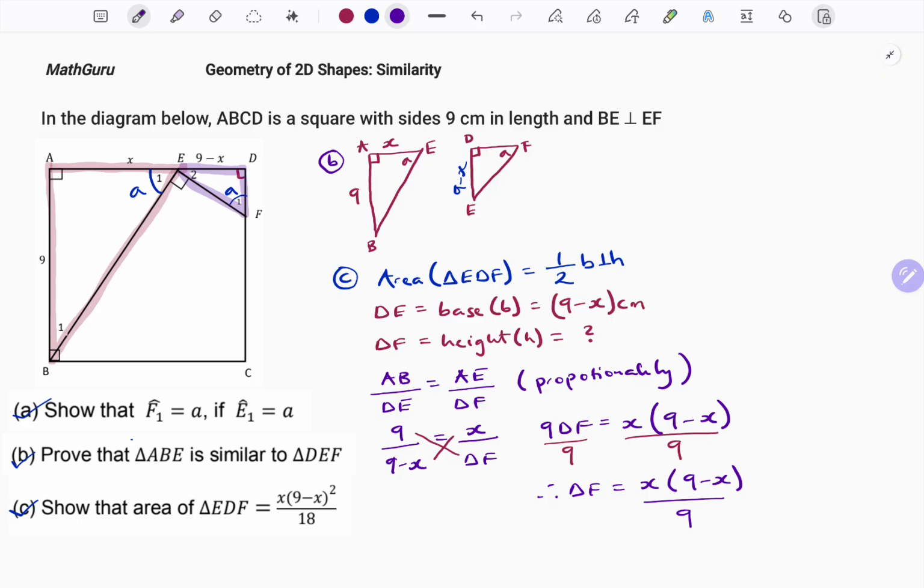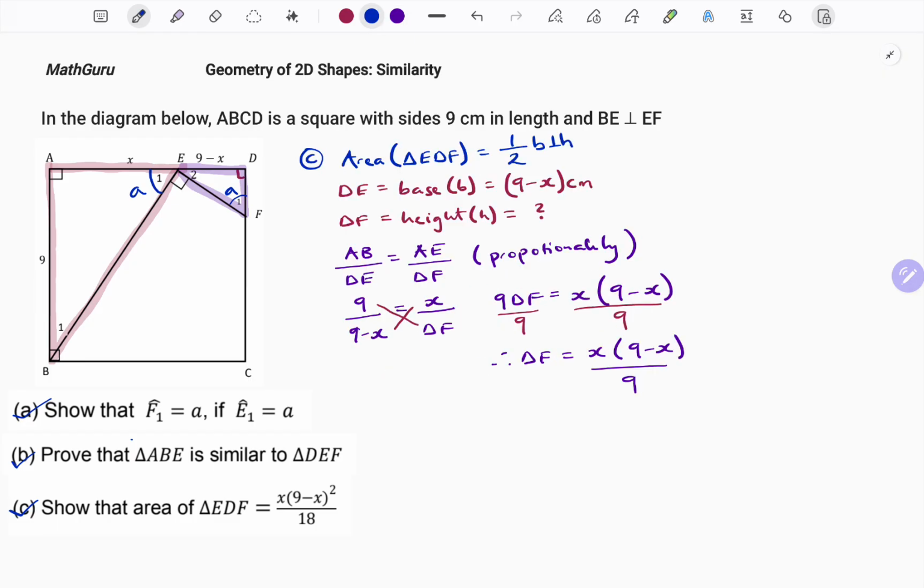Now that I have all the sides complete, I can go back to the area, so that my area of triangle EDF equals half times the base. The base is my DE. I'm going to put that in the bracket. That's 9 minus x times the perpendicular height. That's my DF.